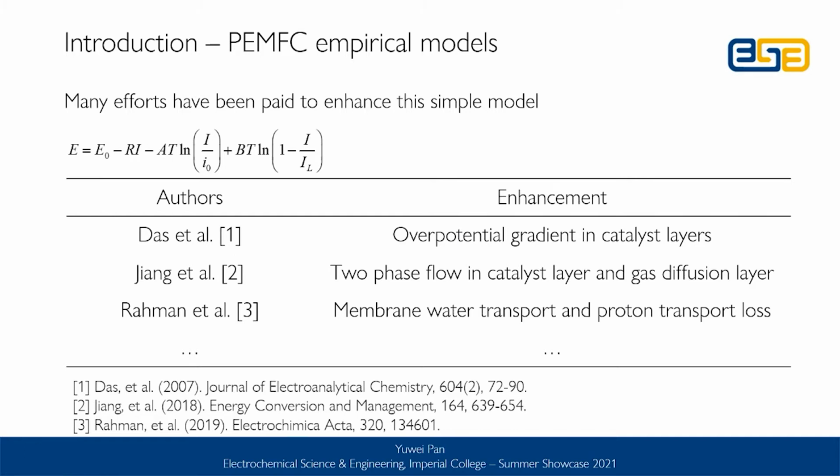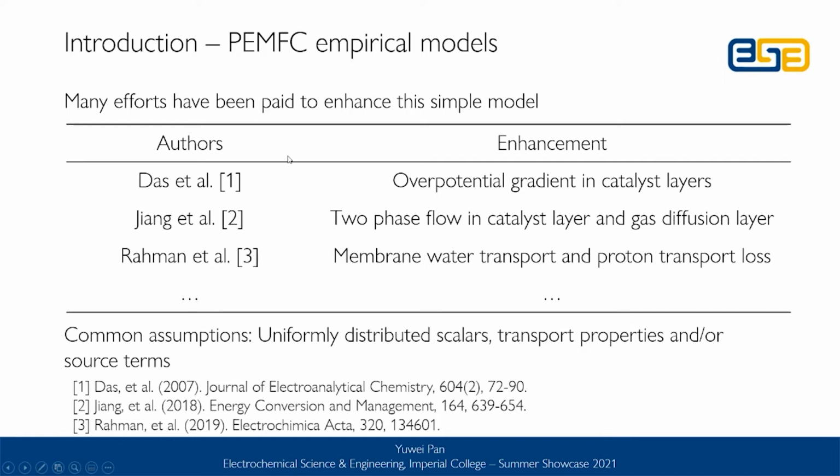Many efforts have then been made to enhance this simple model to overcome this limitation, like introducing overpotential gradient, two-phase flow, and membrane water transport. With these modifications, the empirical model has included all the major transport and reaction processes, and the descriptions of these mechanisms are essentially the same as the 1D continuum model.